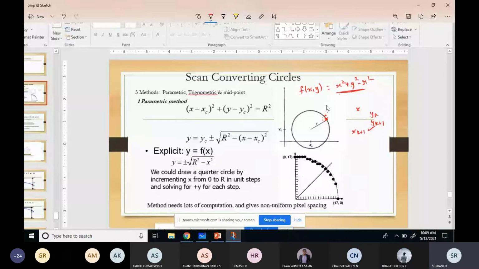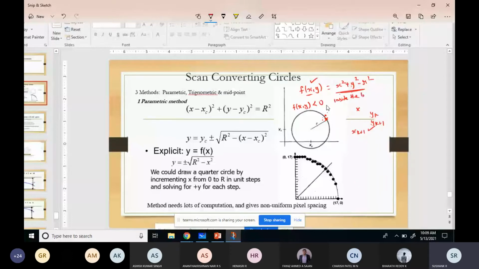So here the value of f of x, y will decide the position of a point. So the position of a point is determined by this value. If f of x comma y is less than 0, the point is inside the boundary of the circle.